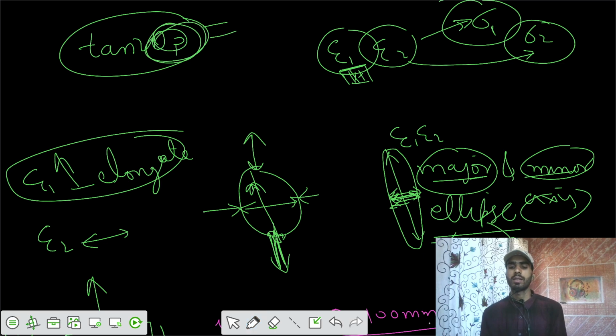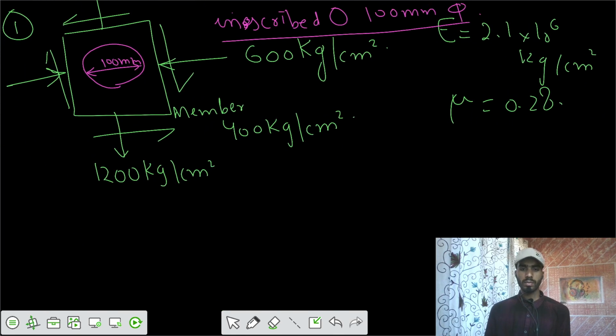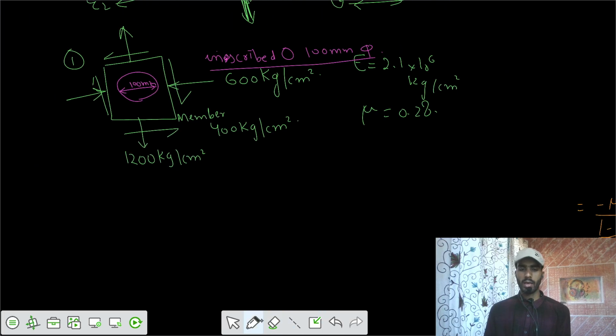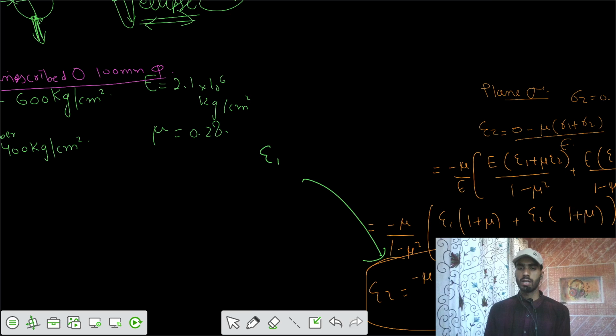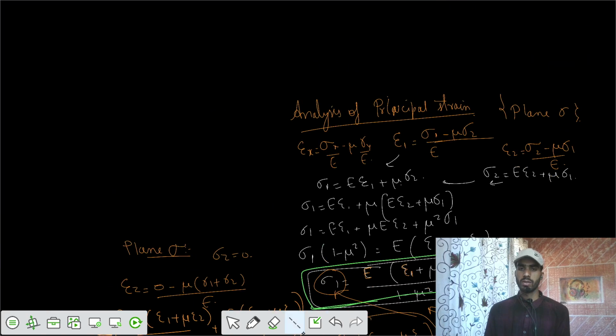So let's solve the problem now in that fashion. If I am able to get strain in 1 based on the results that we got, we have strain in 1 and strain in 2, and we'll be using those.